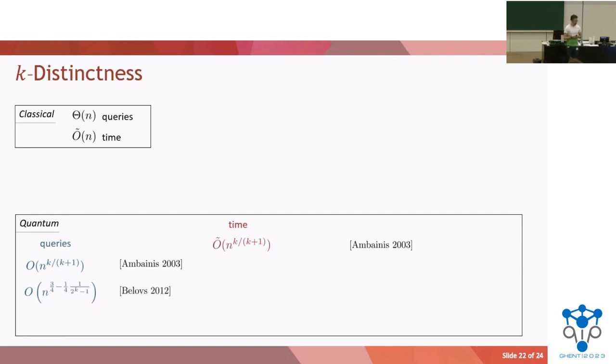Later, a query upper bound was given by Belovs, but this was given as a dual to the adversary bound. So we know that this was an upper bound on the query complexity, but we didn't really have a concrete algorithm whose time complexity we could analyze.